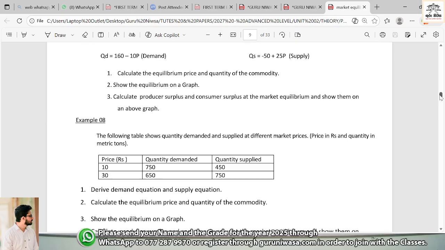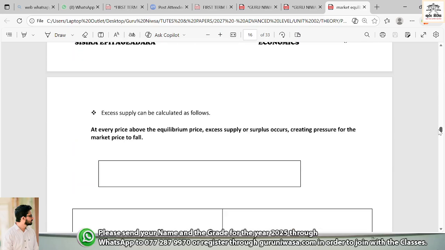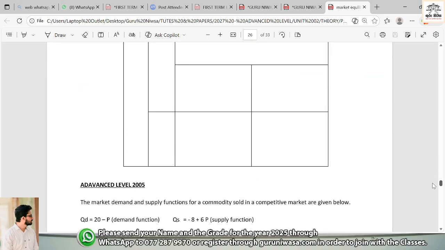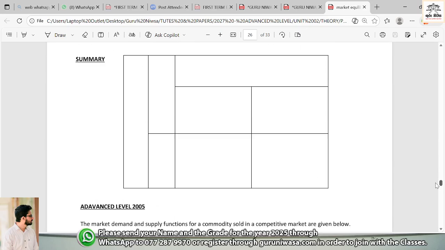When there is a market equilibrium in an economy, there is no tendency for the price to fall or rise. Very good.